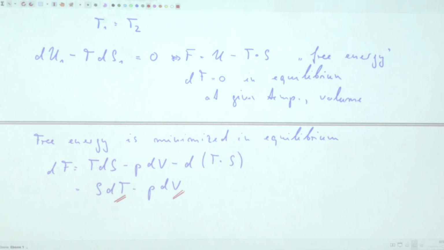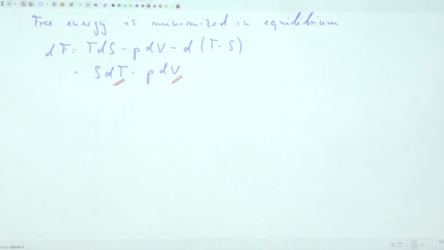And similarly, as we did yesterday, we can also switch from volume to pressure as a free variable. Then we get the Gibbs free energy.